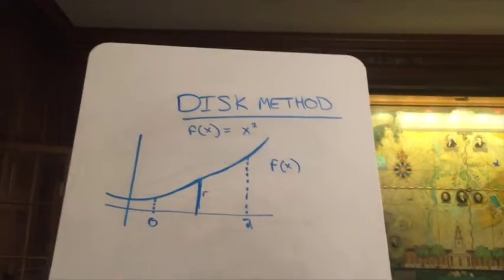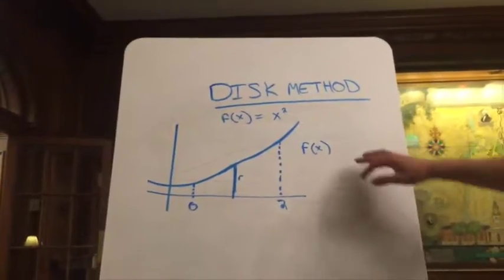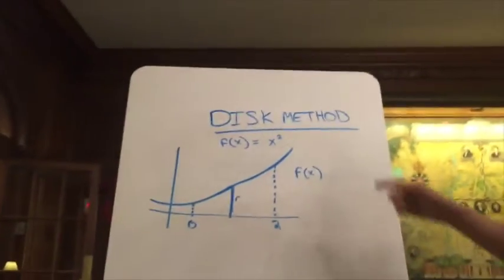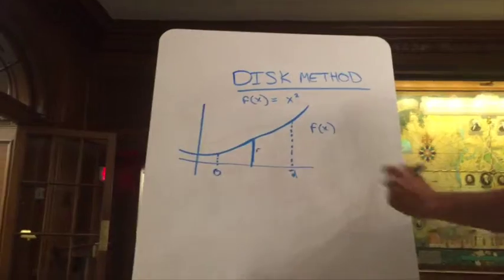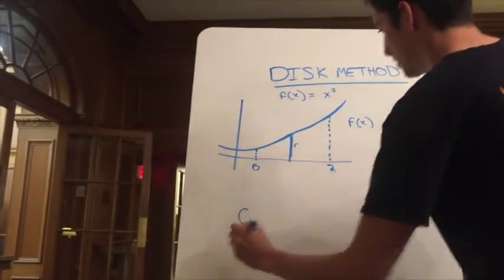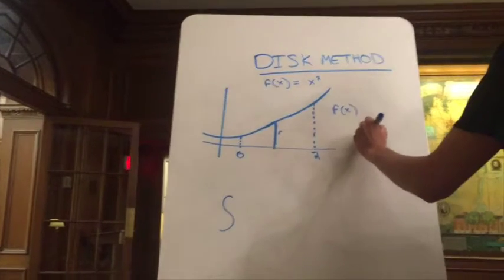For our first example, we will explore the volume of revolution about this curve f of x. If we define f of x as x squared, and we take the integral between 0 and 2, we'll set up our equation like this, remembering that the area of a circle is pi r squared.